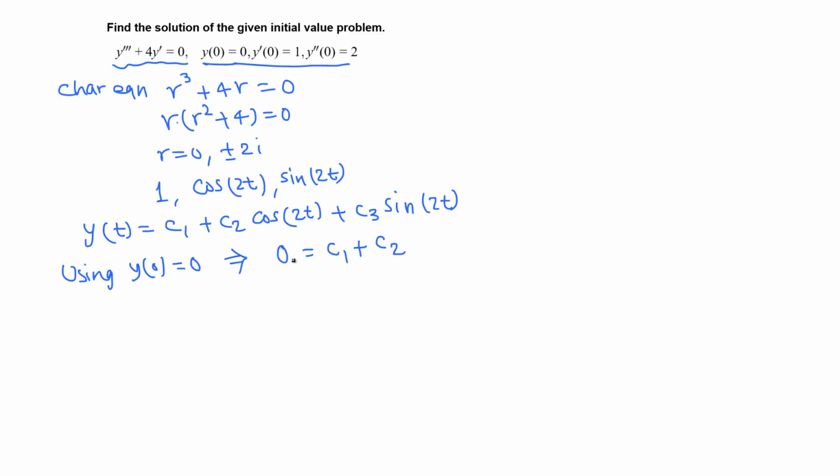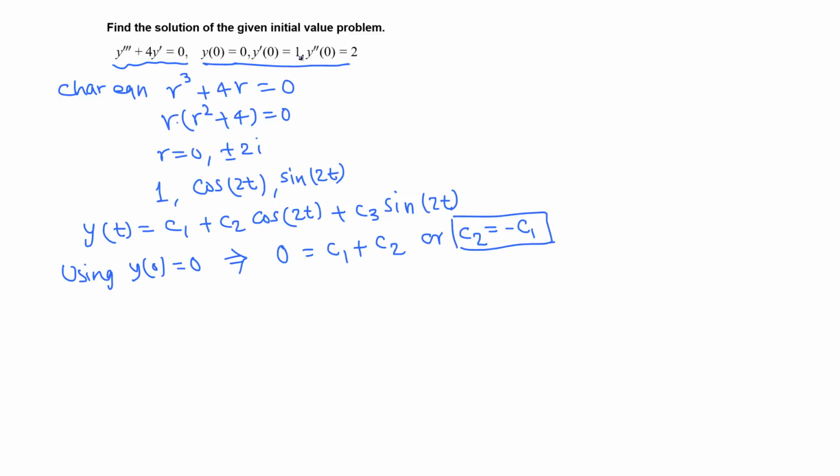So c1 plus c2 equals 0, or we can solve in terms of c2. So c2 equals negative c1. Solve for c2 in terms of c1, so we're going to use this later.